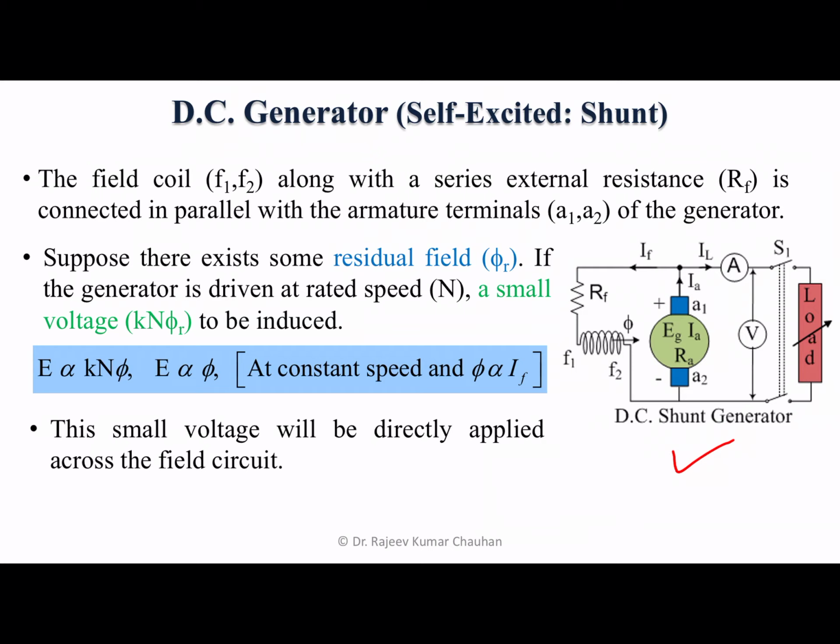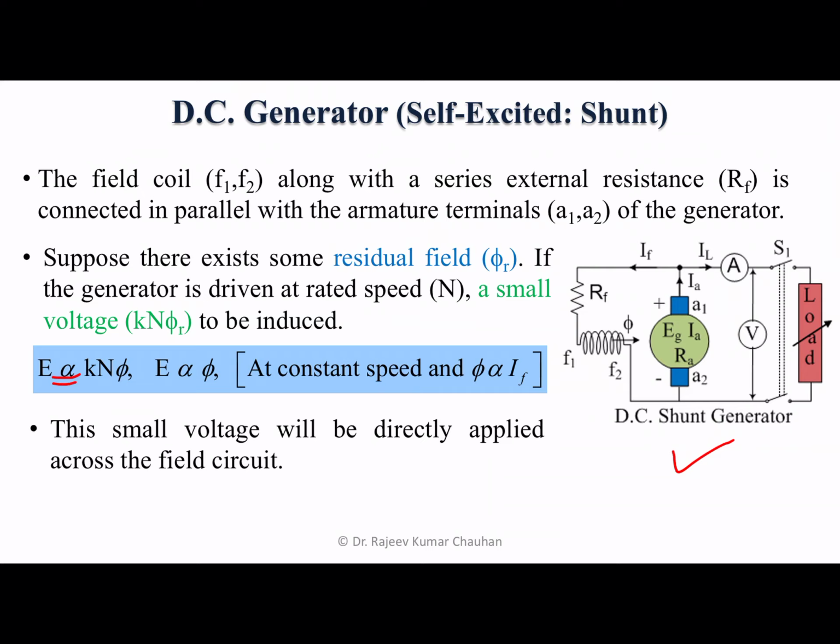So the field winding or field coil F1 F2, along with the series external resistance RF, is connected in parallel with the armature terminals A1 and A2 of the generator. Suppose there exists some residual field phi r. If the generator is driven at rated speed, a voltage equal to Kn phi r is induced. Okay.